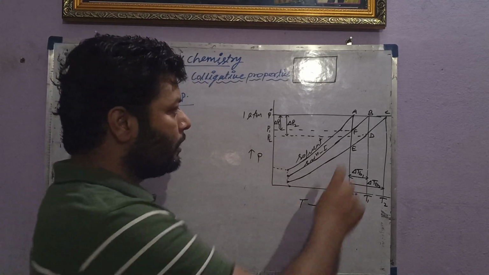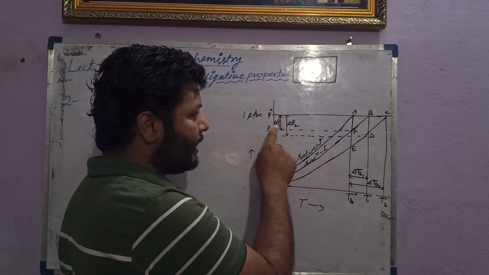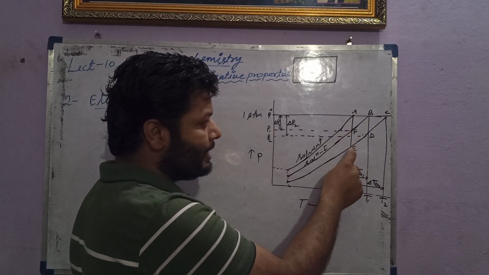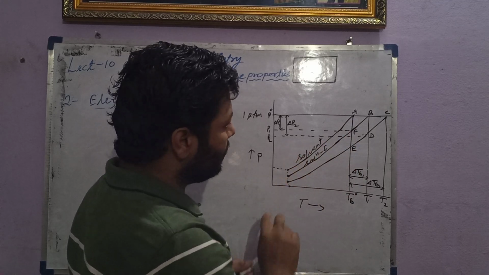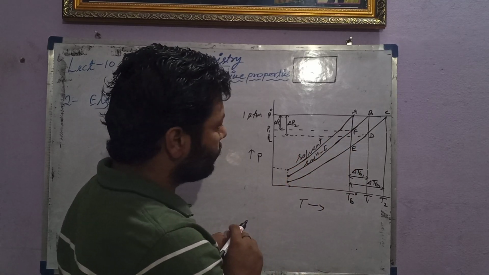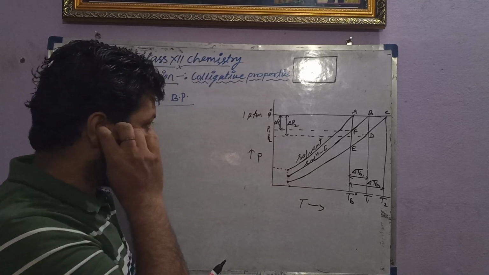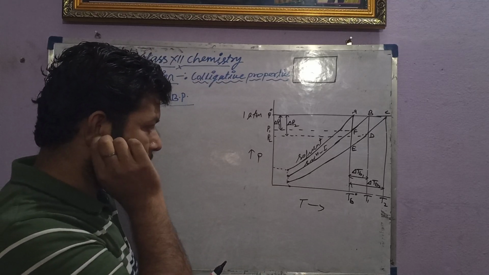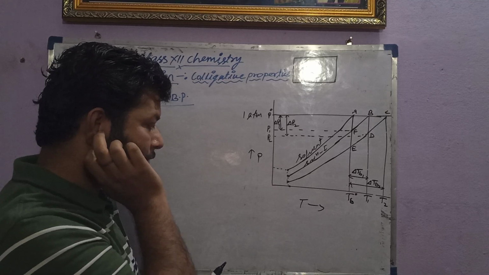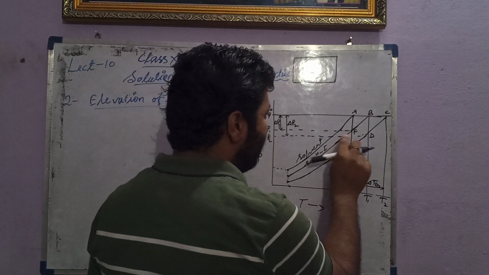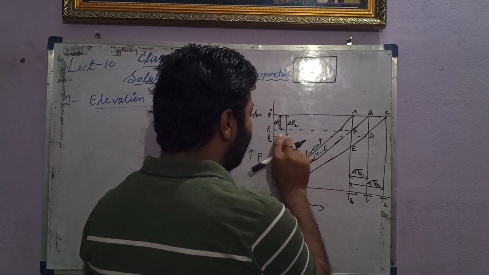Okay, so you can calculate the value. The value of AF is delta P1, and the value of... where is the value? I think that became some wrong word. The value should be here, no?